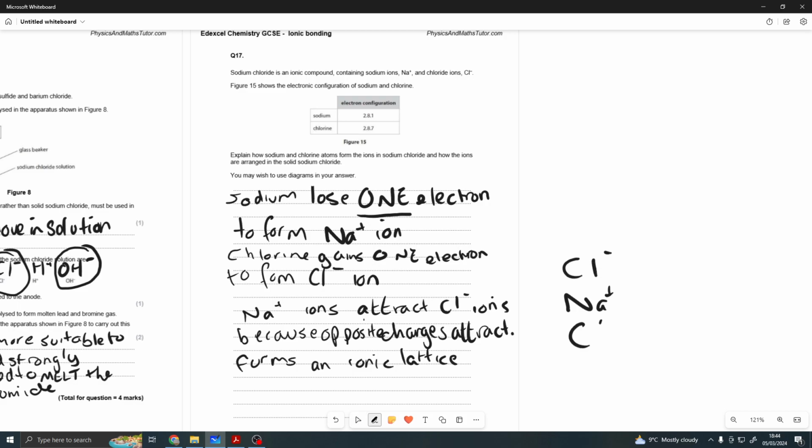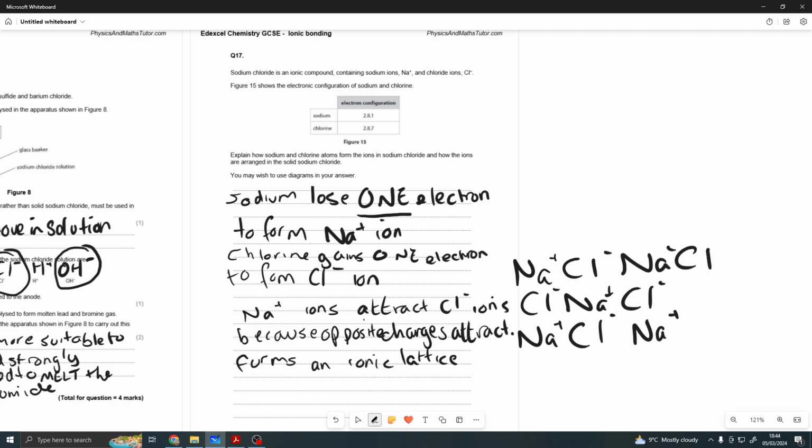Essentially, each sodium ion will be surrounded by ultimately 6, but you can't draw this 3D here because there'll be one in front of it and one behind it and so on, and basically there'll be an alternating pattern of positive and negative ions, like so, and that one will have Cl next to it, and that should be a plus, shouldn't it?